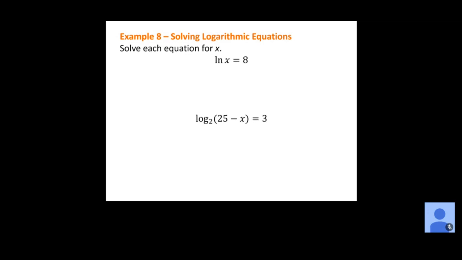So what do we know about this equation, and what might we be able to do to actually solve for x or get x by itself here? So tell me this, what is the base of the natural log?